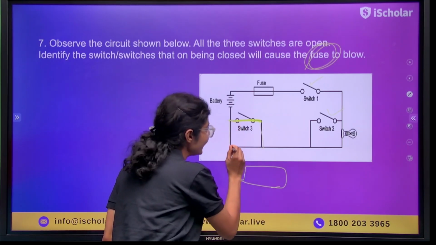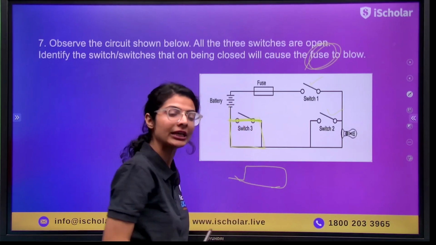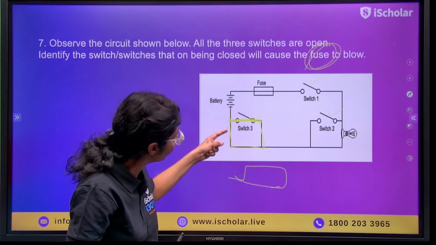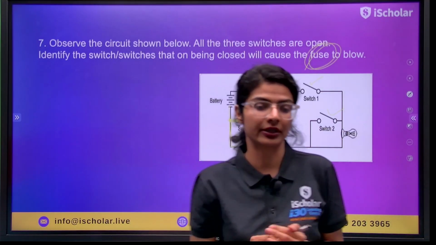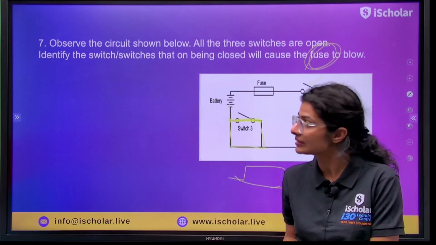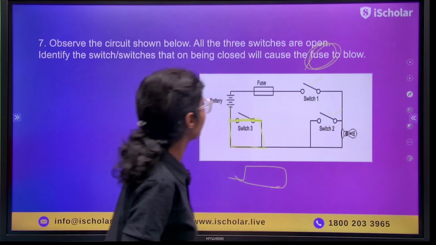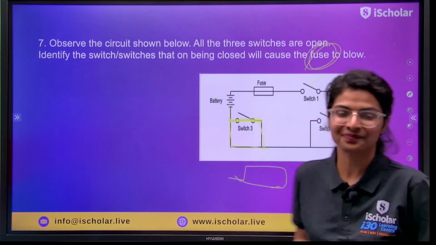You are completing this circuit in a way that this whole part has the same potential. These all are connected in such a way that each and every point is connected to the same potential, or the circuit is shorted. Now we know that when the circuit shorts, the fuse blows. So we'll say that in this case the fuse will blow.